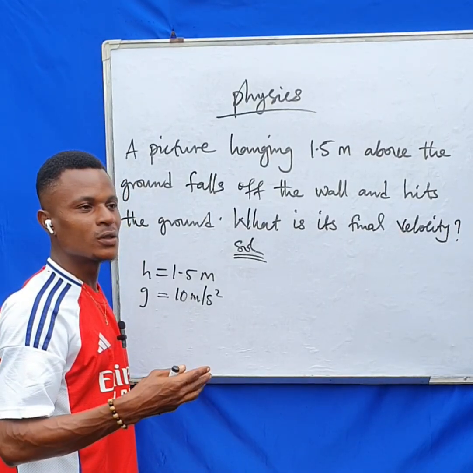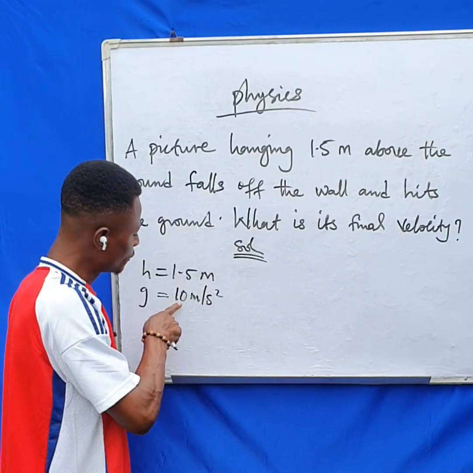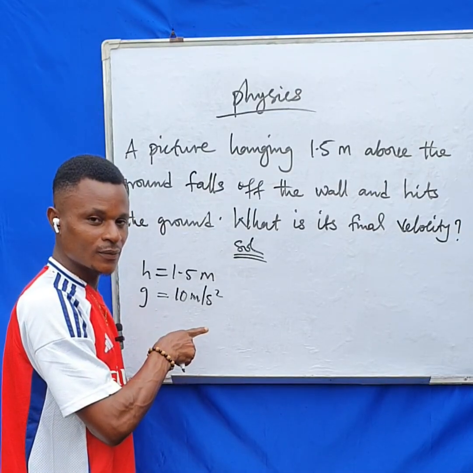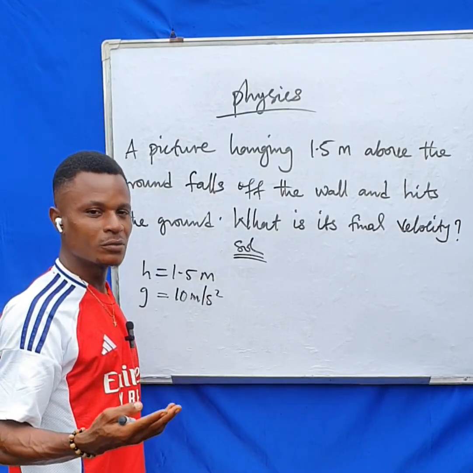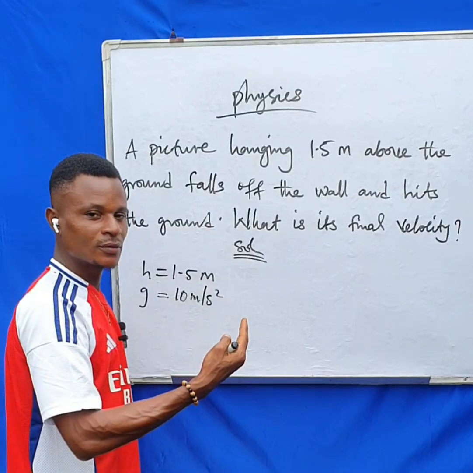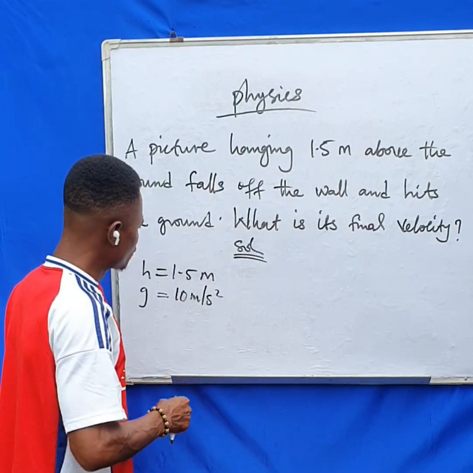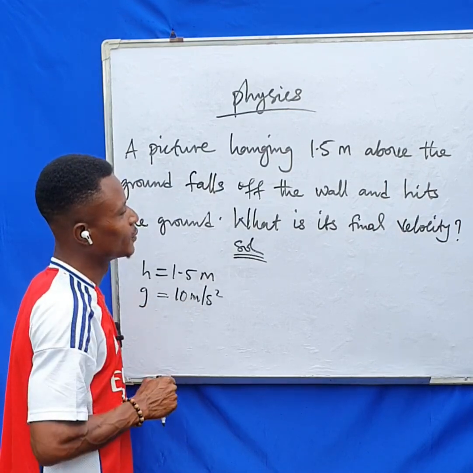The value is about 9.81 meters per second squared, but it is approximately 10 meters per second squared. If you go to the moon, it is about 1.67 meters per second squared, but here on the Earth it is higher. You understand? So now we have gotten the force of gravity, which is 10 meters per second squared.